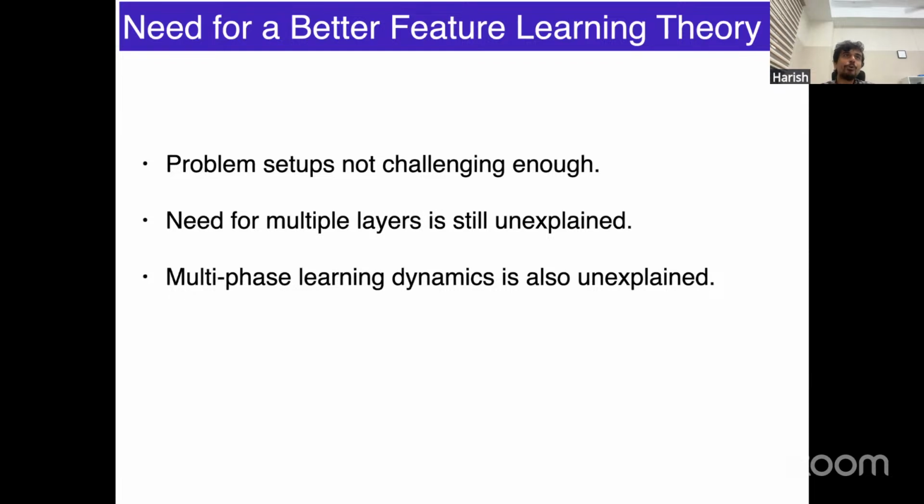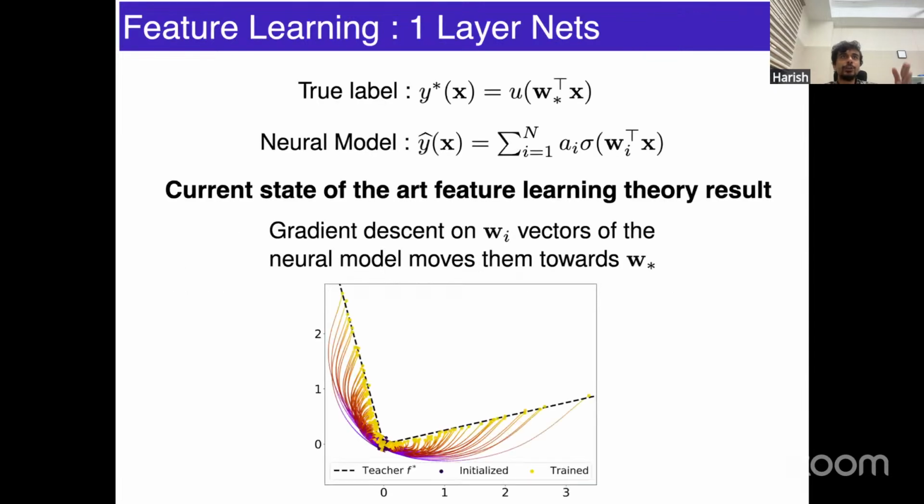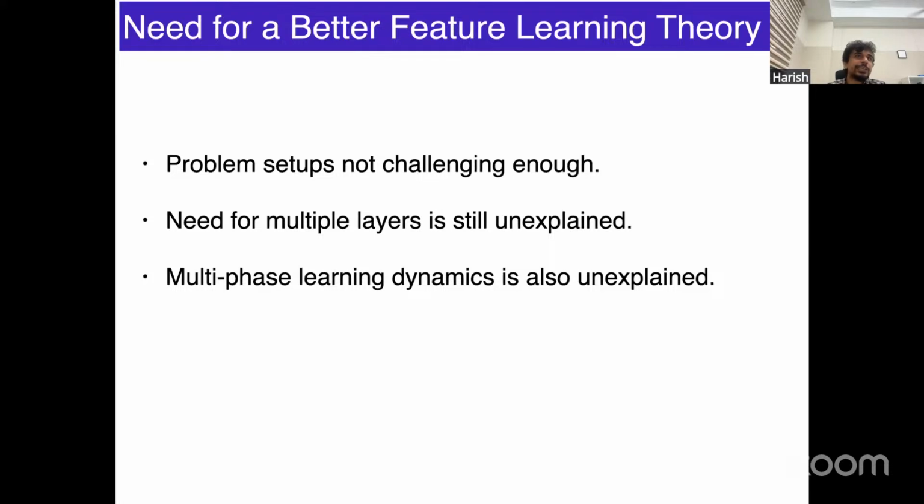The second and more important point is that the need for multiple layers is still completely unexplained. The neural model here is just a single hidden layer neural model, so it does not explain why you might need multiple layers to perform well. That's simply because this data setup is not challenging enough.